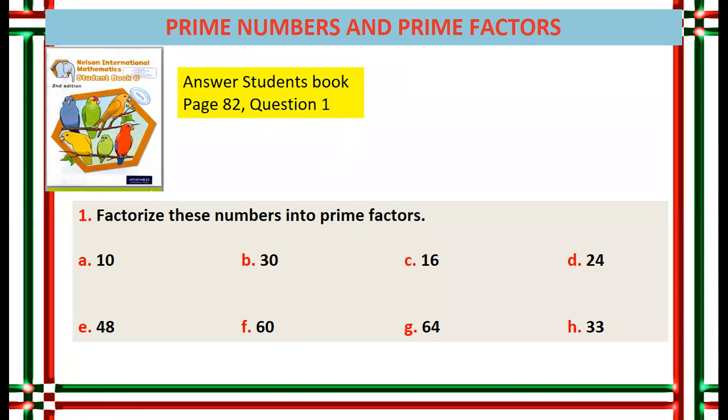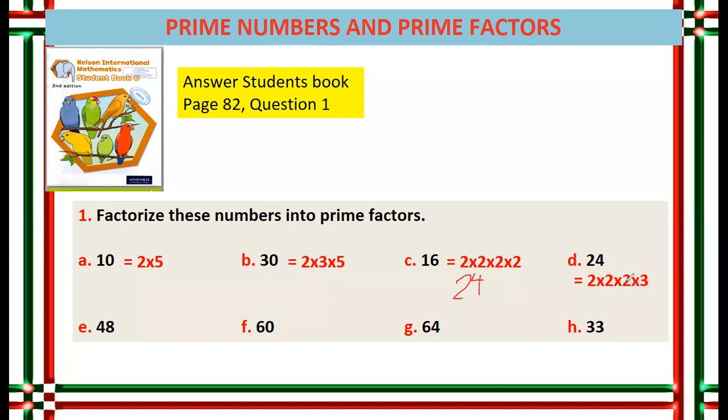Okay, would you mind to check your answers if you did it correctly? Letter A has 2 times 5. Letter B is 2 times 3 times 5. Letter C is 2 times 2 times 2 times 2. Or you can write it as 2 power 4.